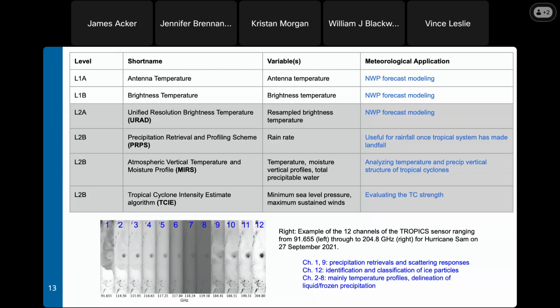From left to right, we have channels 1 and 9, which give us precipitation retrievals and scattering responses. Channel 12 is really useful for identifying and classifying ice particles. And finally, channels 2 through 8 give us our temperature profiles and help delineate precipitation from its liquid and frozen state.